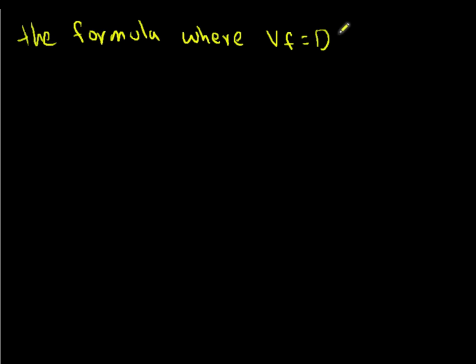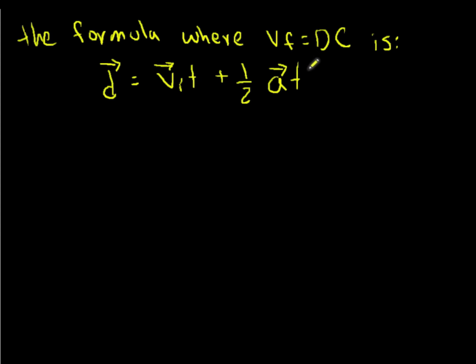Let's look at our formula. The formula we would normally use, this formula that doesn't include Vf, our don't care variable, is d equals Vi t plus 1/2 a t squared.